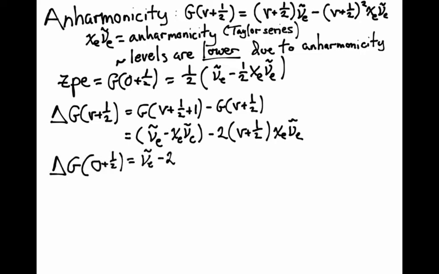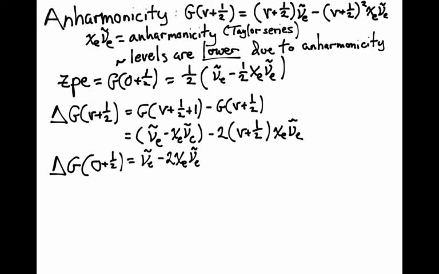If we look at the typical transition, which is from 0 to 1, that's delta G of 0 plus a half, and that's just equal to nu sub e minus twice xe nu e if you work it through. So the very first step you can take in the anharmonic oscillator has an energy separation between v equals 0 and v equals 1 that is rather lower than it would have been if the system were truly harmonic.